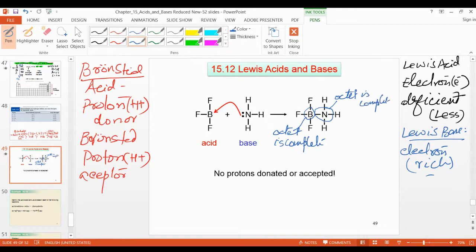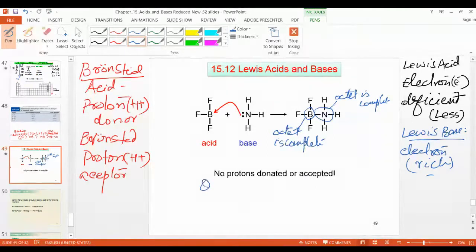So an adduct is formed. This is known as an adduct. The electron deficient and electron rich species will make a coordinate bond. This is not a complete transfer, but they will make a bond. This bond is a coordinate bond. So no proton is donated or accepted.